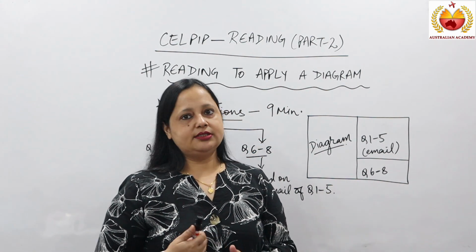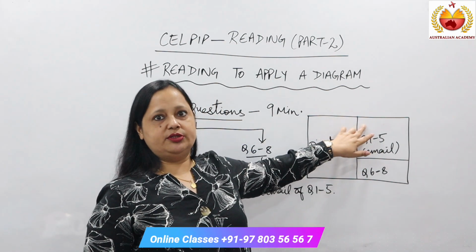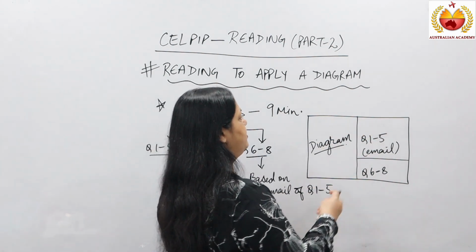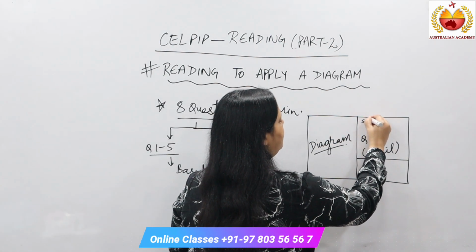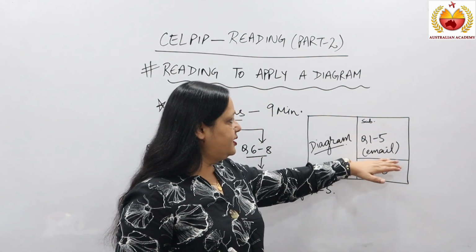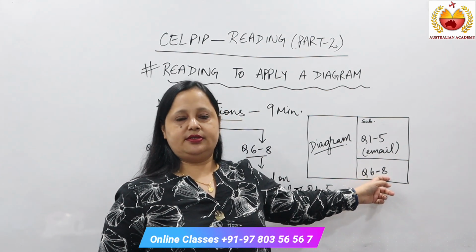Every time it is in the format of an email, someone is writing to another person. Then a subject is also given, saying why this email is written. After that, on the same right-hand side, you will have 3 questions, 6 to 8.